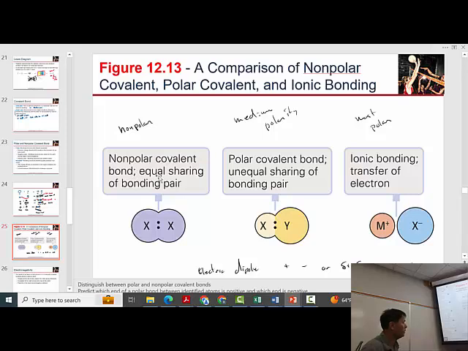And then the polar covalent, and the nonpolar has no or negligible dipole. And so here we could just see the dipole increasing, polarities increasing as we go left to right.